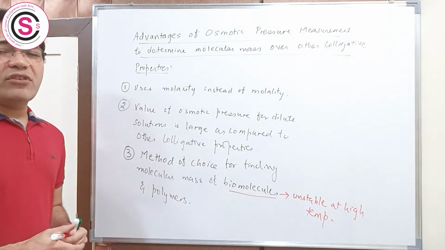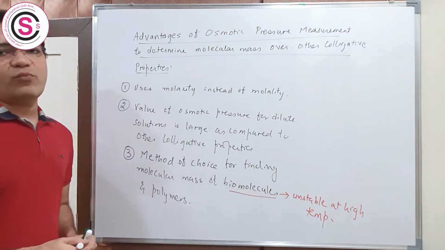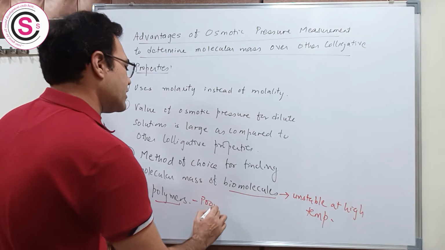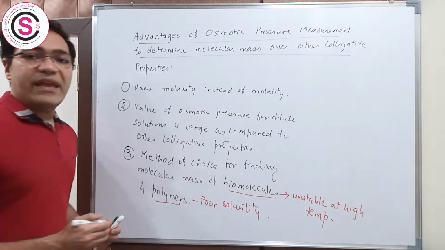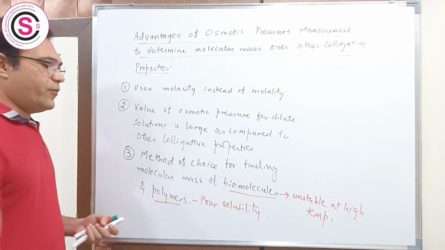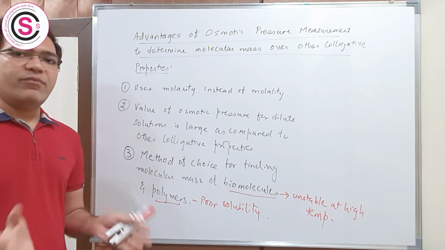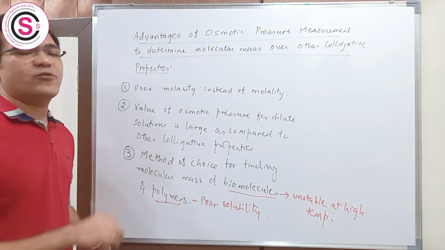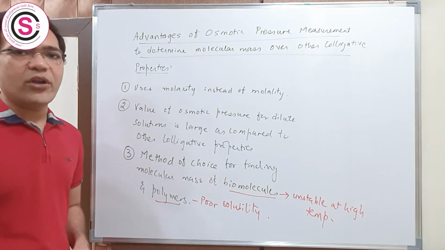Hence the elevation of boiling point method cannot be used for measurement of molecular mass of such molecules. And polymers, students, will have poor solubility, right? So this makes other colligative properties difficult for determination of molecular mass of polymers. But you will not find this problem with osmotic pressure, and hence osmotic pressure is the method of choice for determination of molecular mass of biomolecules and polymers.